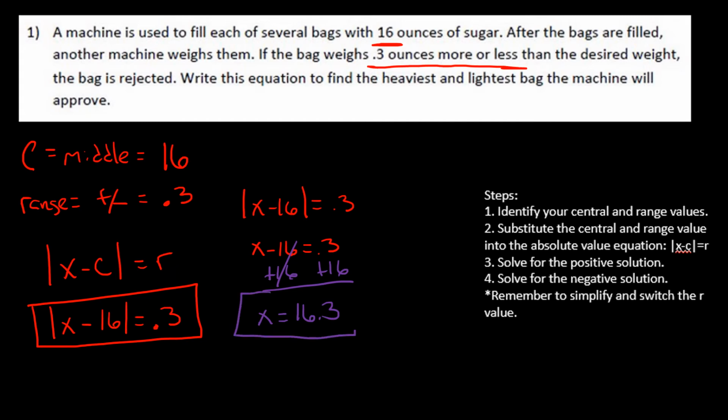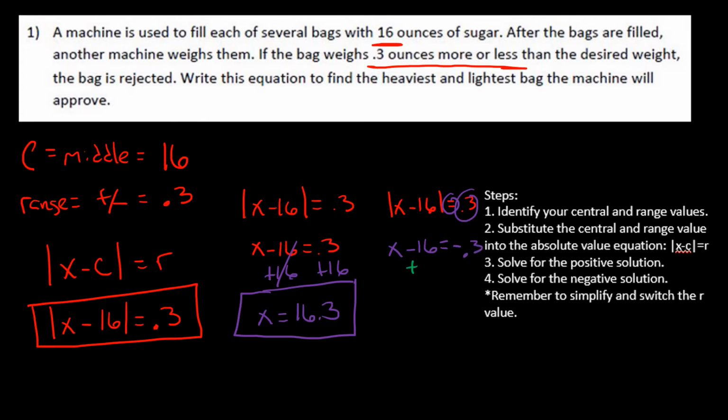And with all absolute value equations, we know that we're going to have two equations, right? So we go back to our original, our isolated absolute value, and we apply our KISS method. So we're going to keep what's inside the absolute value, x minus 16. We keep the equals, which just stays as equals, but then we switch this 0.3 and it becomes a negative 0.3.